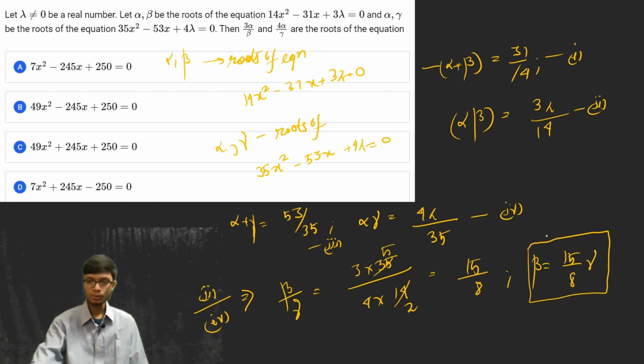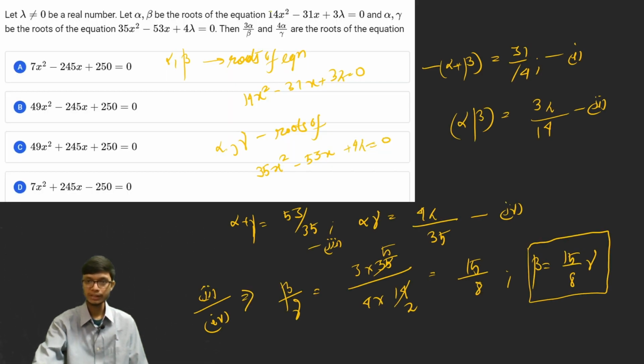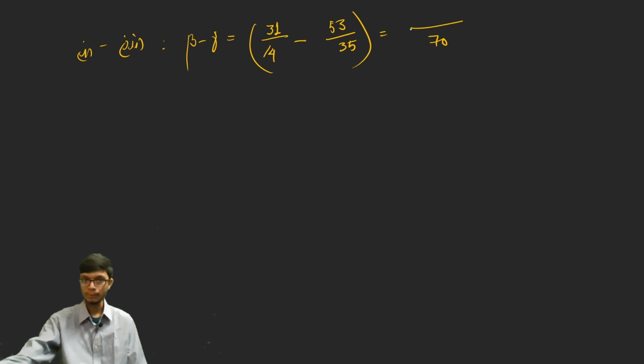And now I will subtract the first equation from the third equation. And why am I doing so? Because alpha plus beta minus alpha minus gamma will yield beta minus gamma, because the alpha term will get cancelled, and this will be equal to, from the first equation, 31 by 14 minus the second equation, 53 by 35. So this is the corresponding result, and to simplify, you can take 70 as the common denominator.